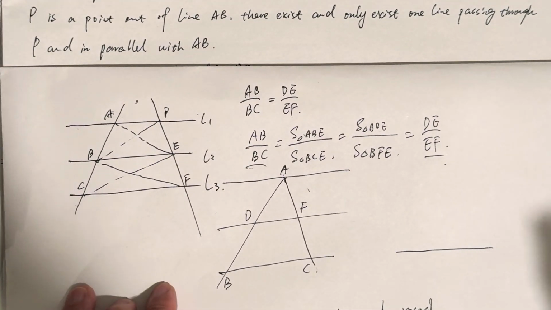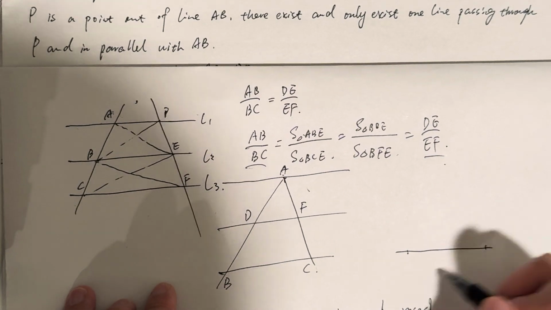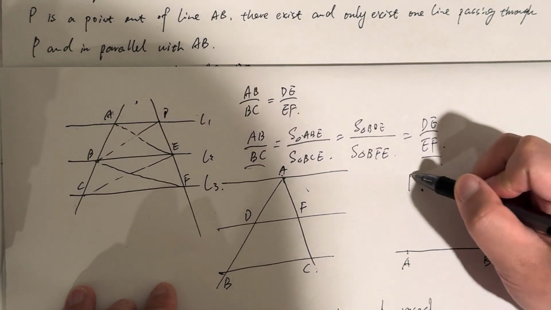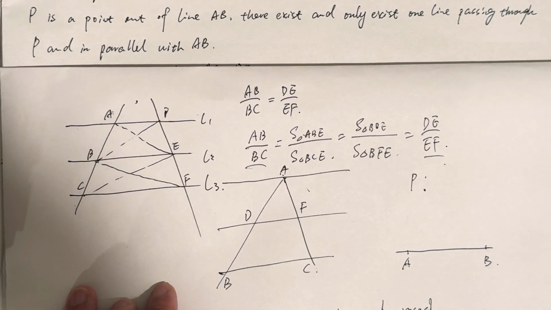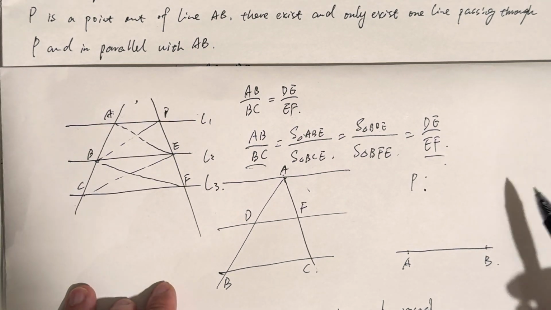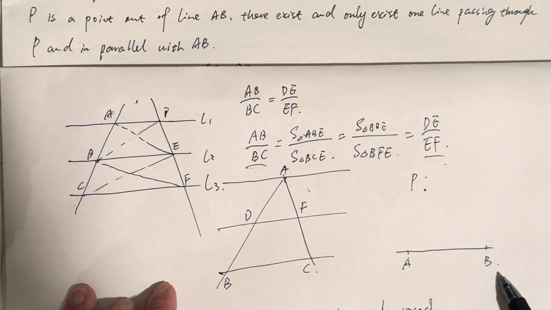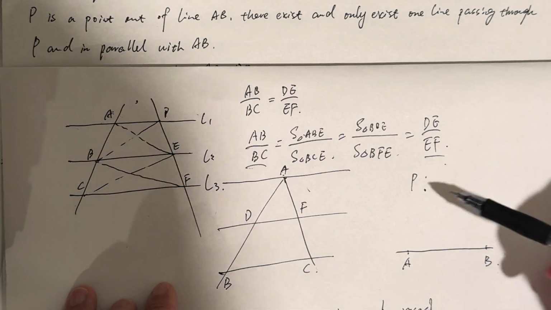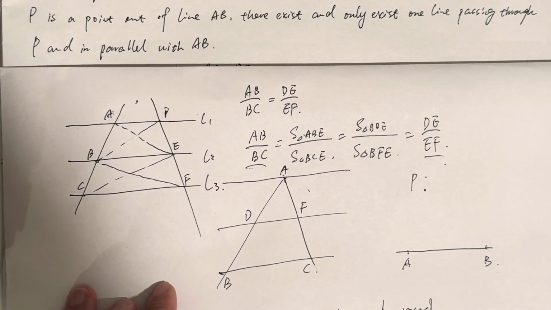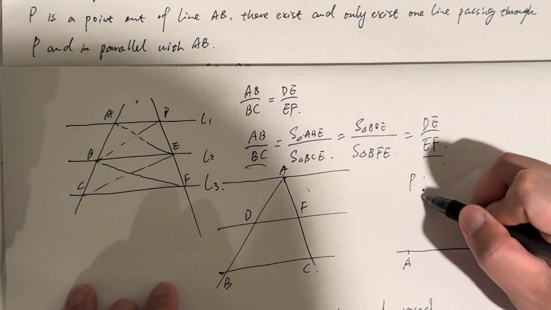We learned that if this parallel line exists, and we have AB here, and we have P here, then any point on this parallel line forms with AB a triangle whose area equals the area of triangle PAB, which means we just need to find another triangle that has the same area as triangle PAB while it has the edge AB. Then we find it, right?